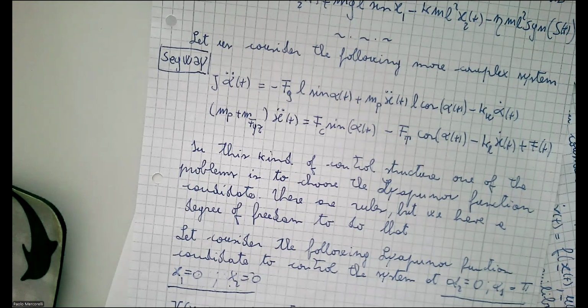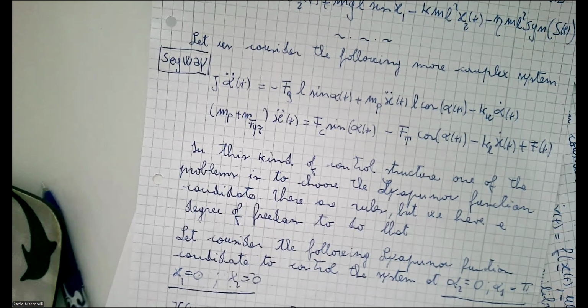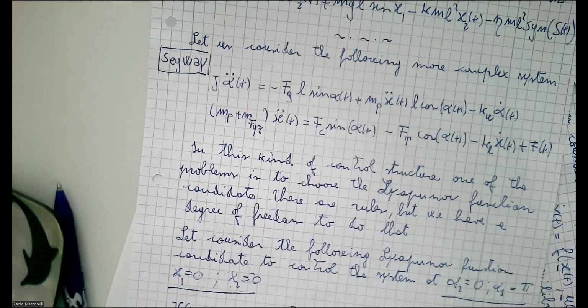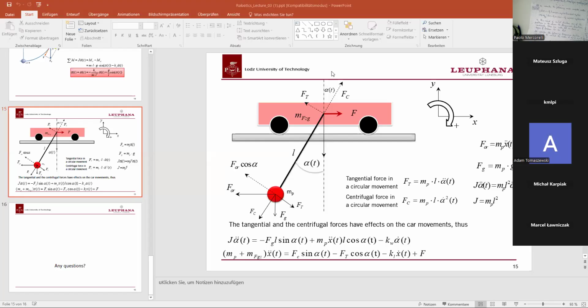But what happens if I do this kind of controller? Let me come back. This means that I try to stabilize at pi in vertical position, but the equilibrium point which I want is the arm at the position pi, 0, and the car at the original point, if 0 is the original point, of course.